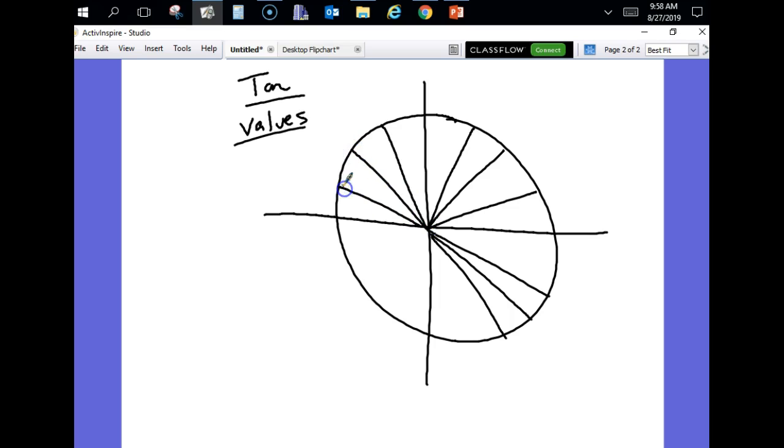So let's make a unit circle, and let's go ahead and put our radians on there. We have 0, pi over 6, etc. I'll put them all up here. You guys can copy them.